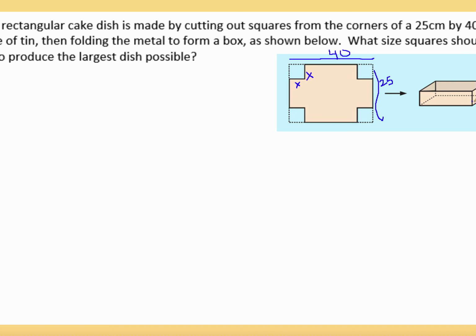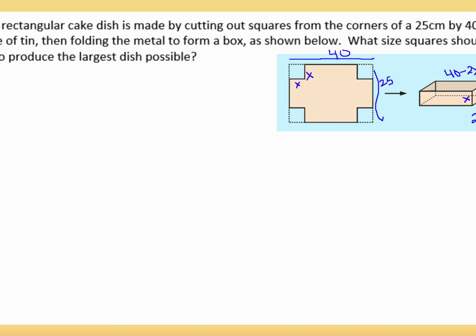When it's all folded up, the height of this thing is going to be x. The length is going to be 40 minus the 2 x's that I cut out from the corners. And then the width is really going to be 25 minus 2x because we cut the x's out from these corners here. So we'll have x be the sides that are cut out.